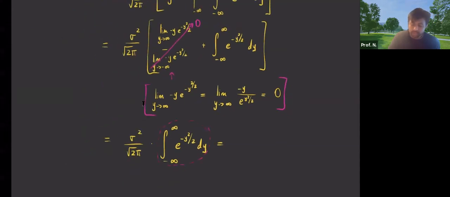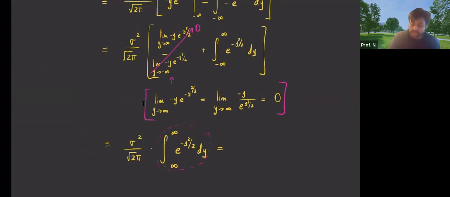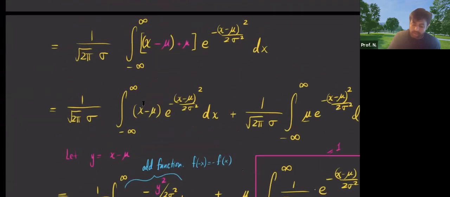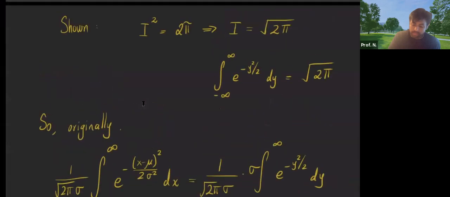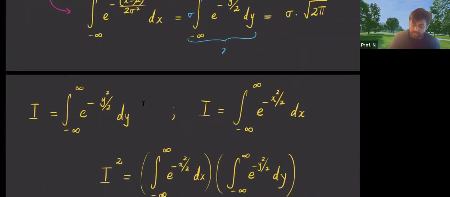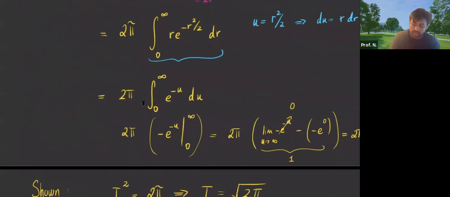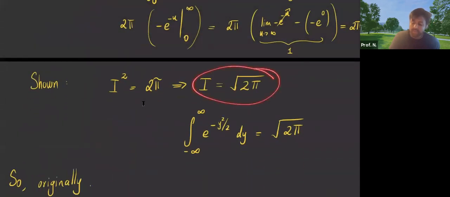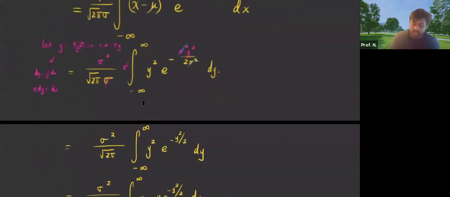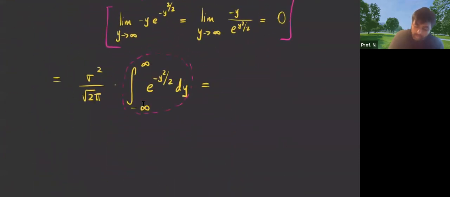We showed this to equal what, all the way back here? Remember, we started by saying I is equal to this, and then we realized I was the square root of 2 pi. So this integral comes up again, right here. This will equal sigma squared over the square root of 2 pi multiplied by the square root of 2 pi.